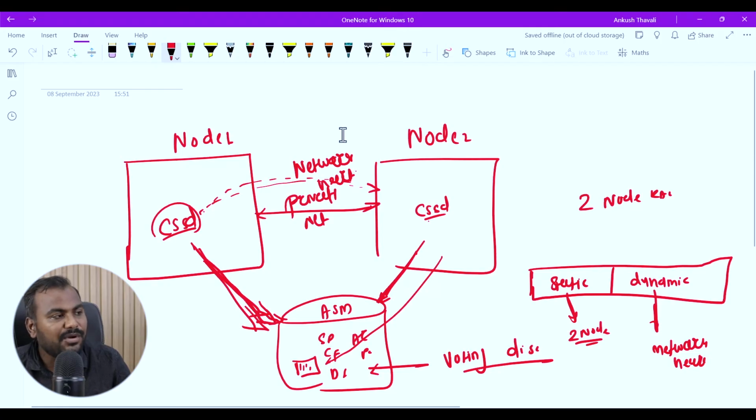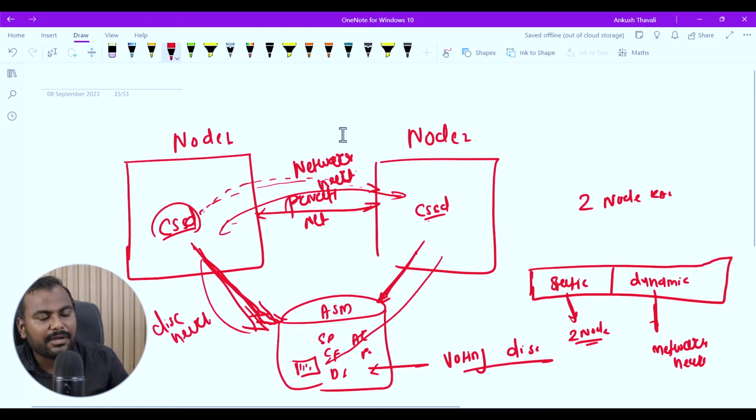So there are 2 types of operations done by every node. One is the network heartbeat, in which node 1 and node 2 communicate to each other. And then there is the disk heartbeat, in which the daemon running on every node does the disk heartbeat, saying, okay boss, I'm alive, by voting over here.